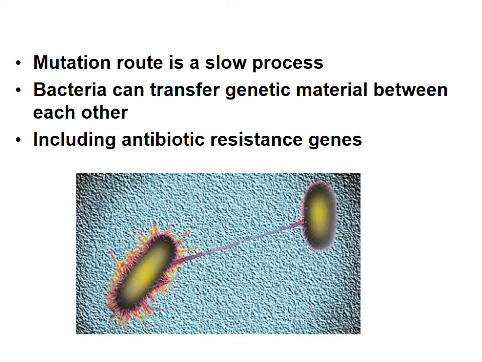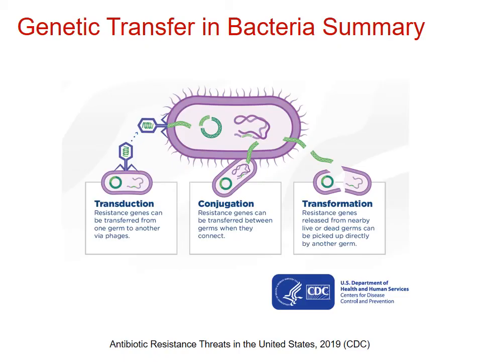It can be many different kinds of genes, but when they are transferred, it increases the frequency of those kinds of genes in a population. And the transfer doesn't have to be between identical species. It can be transferred between different species. This is something of concern, and the CDC put this out just last year in 2019.